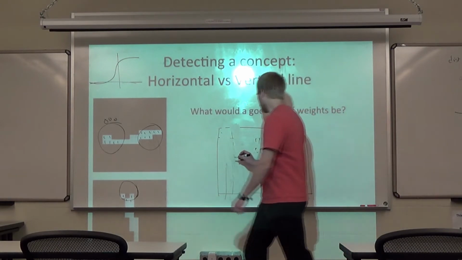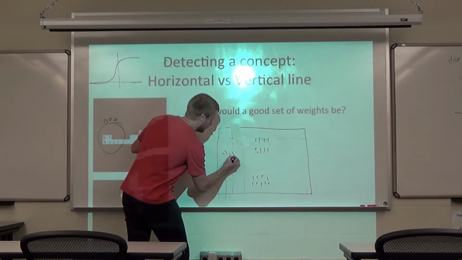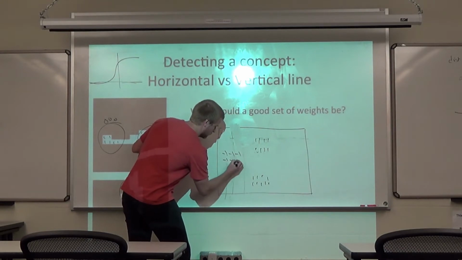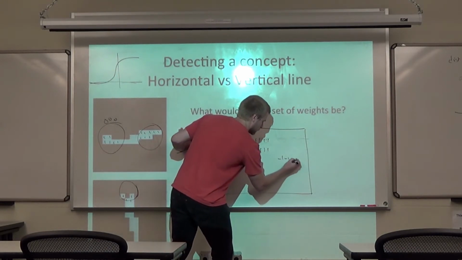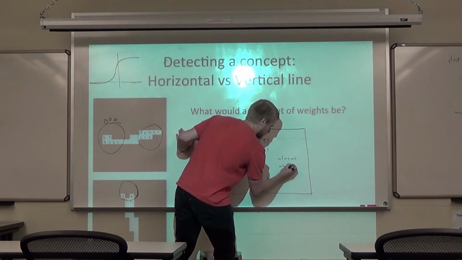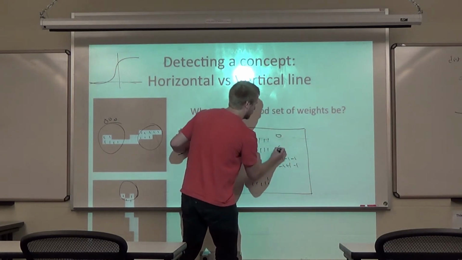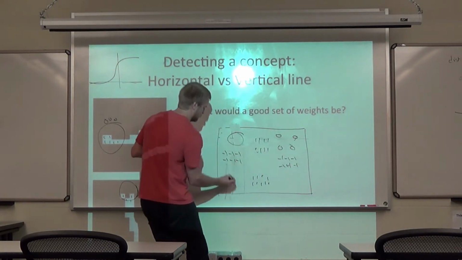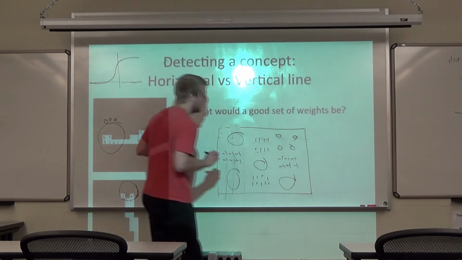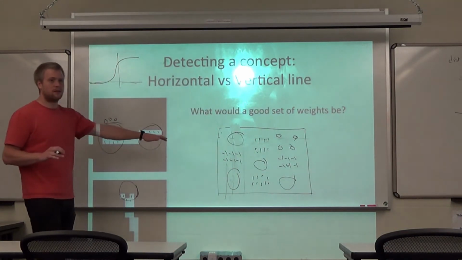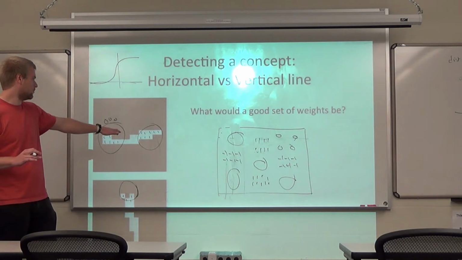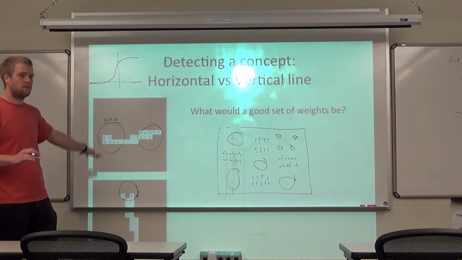And then all the weights here would be negative 1. And then everywhere else 0, basically. So does that make sense how this neuron would then encode these two concepts?